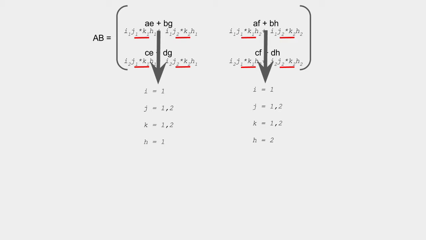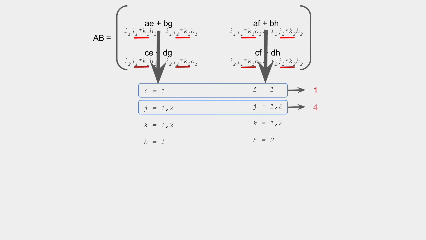Now, if you look into the entire first row of the resultant matrix, we can see I varies one time, H varies two times, and J and K vary four times.